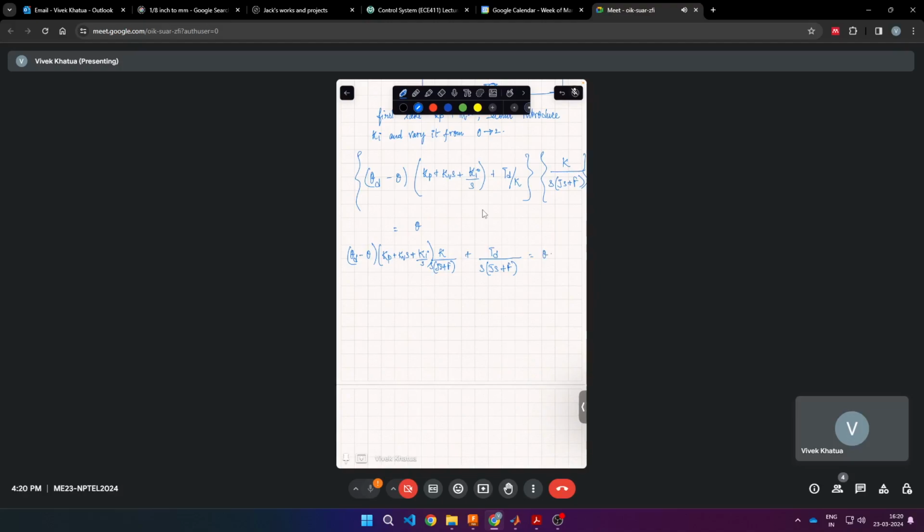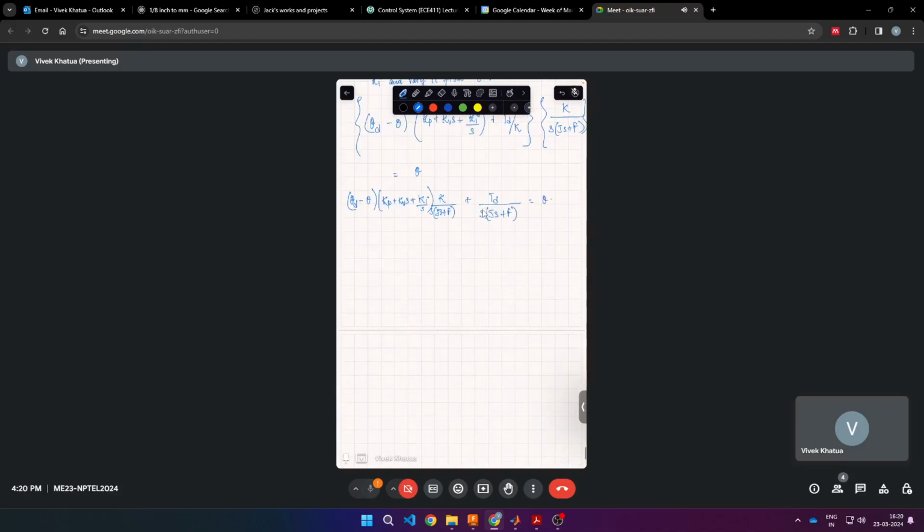Perfect. Now we'll separate the terms out. So we'll write it like this. We'll not make a ratio anymore. We'll make it something like this: Js squared plus fs plus K Kp plus K Kv s plus K Ki by s, right?